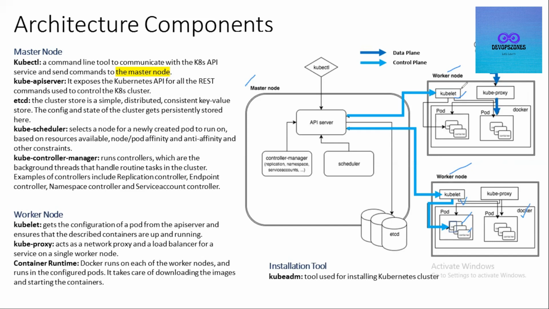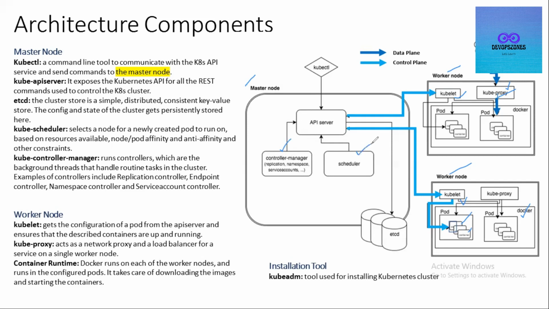So Docker should be running, kubelet should be running, and then comes the kube-proxy, which gives your application a way to communicate to outside of the Kubernetes network, right. So kube-proxy controls that. In the master node, you have the controller manager, which is responsible for service accounts, replication, and namespaces.